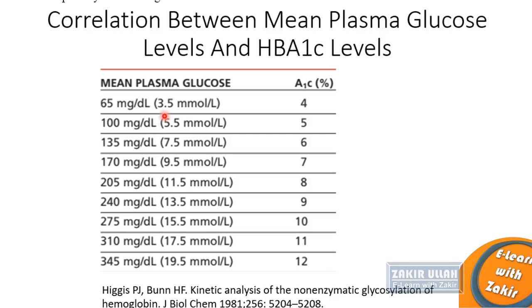If the plasma glucose concentration increases, the HbA1c percentage also increases, and if the plasma glucose level decreases, the HbA1c level also decreases.